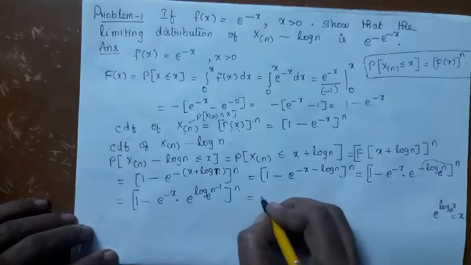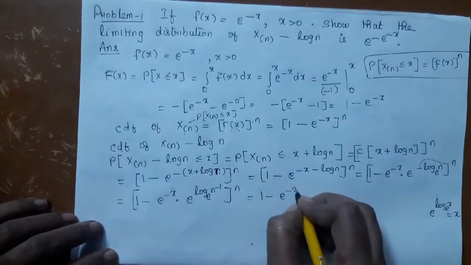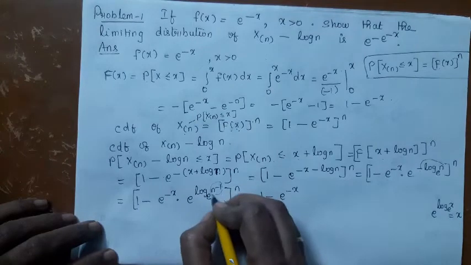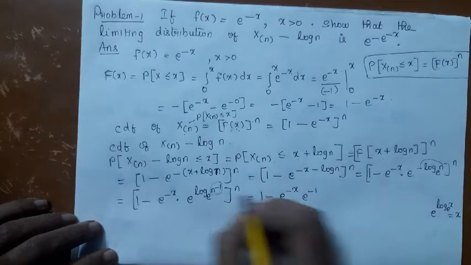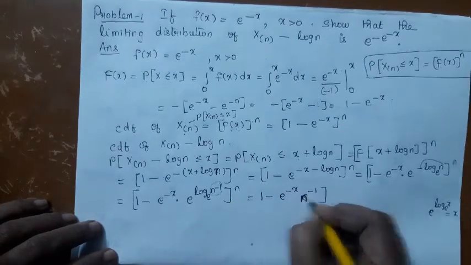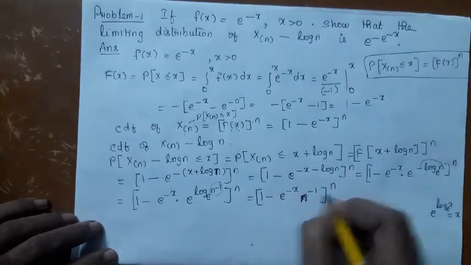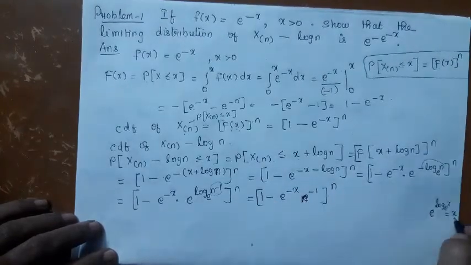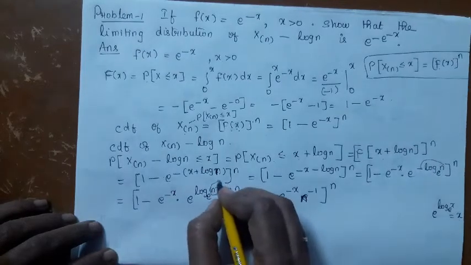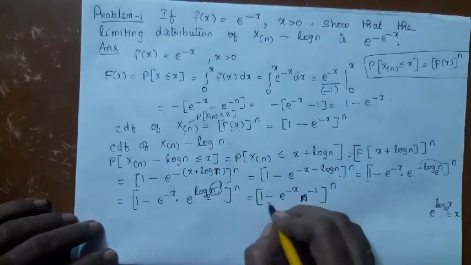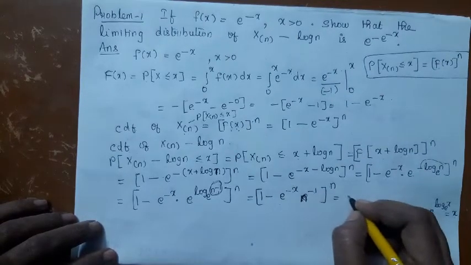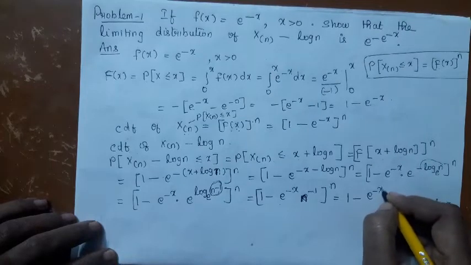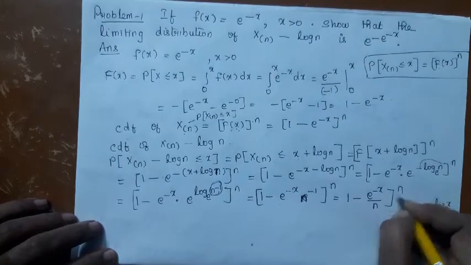Okay, so with that rule you have e power minus x into e power log of n power minus 1. See, e power log x to the base e is x. In the place of x you have n power minus 1. So 1 minus e power minus x into n power minus 1 the whole power n, which can be written as 1 minus e power minus x by n the whole power n.